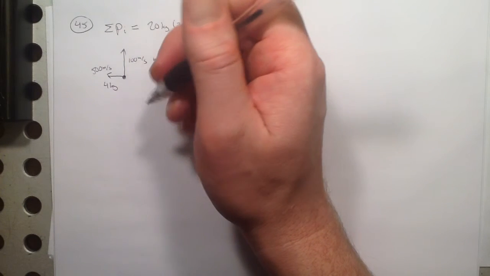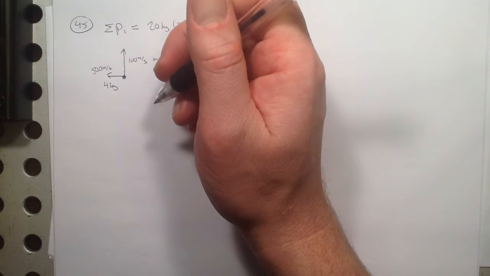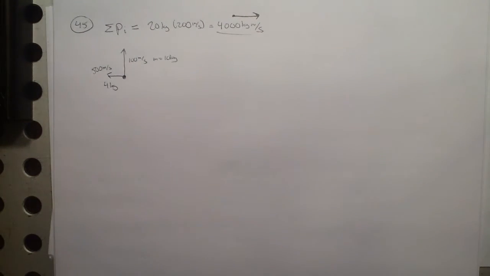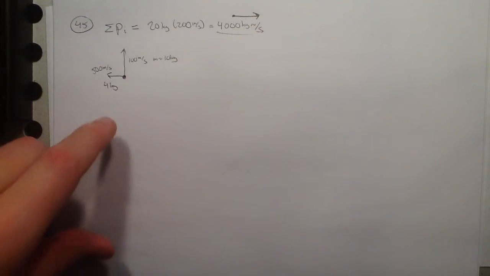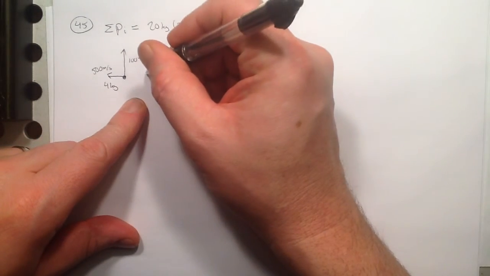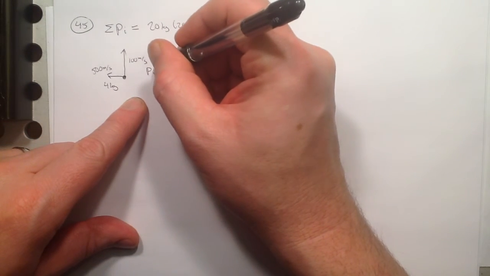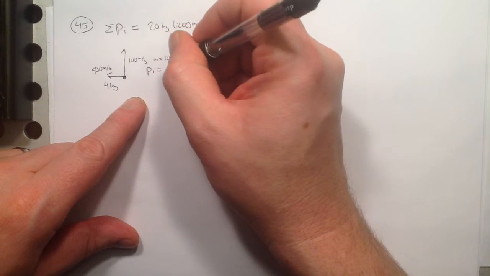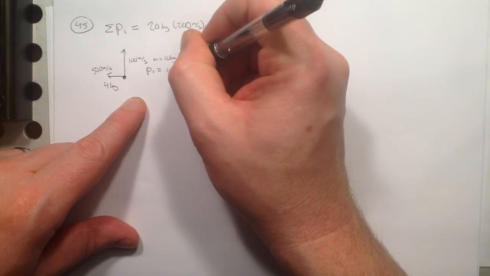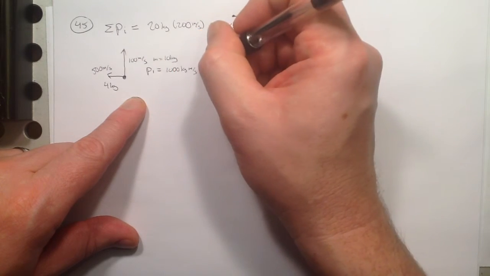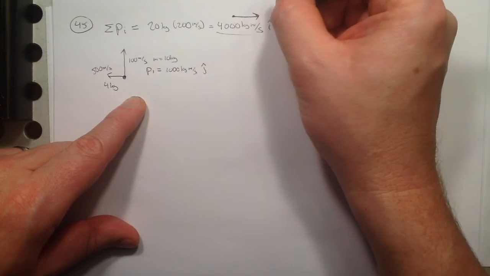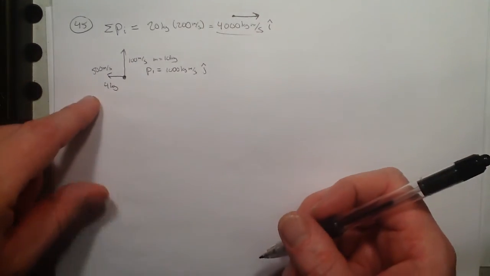And they want to know, in unit vector notation, what's the velocity of the third part? How much energy is released in the explosion? All right, so we got some vector business to do here. So the momentum, I'm going to call this piece 1, is equal to 1,000 kilogram meters per second in the positive j direction. And this is the positive i direction, right? Our initial momentum.